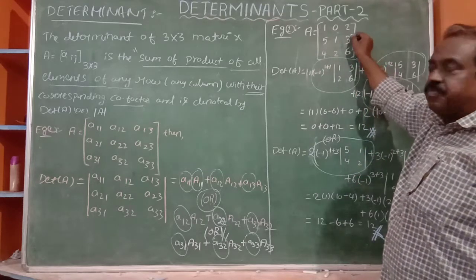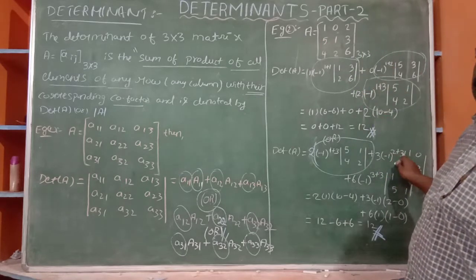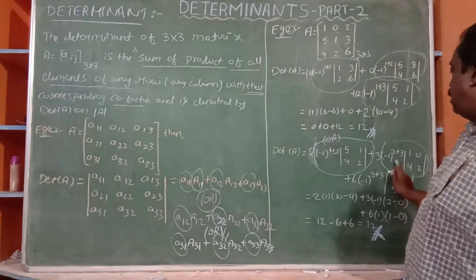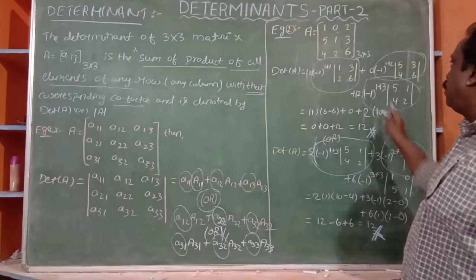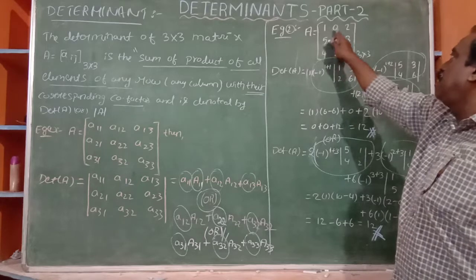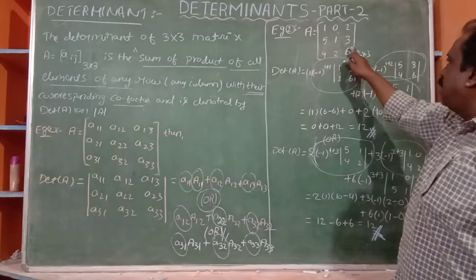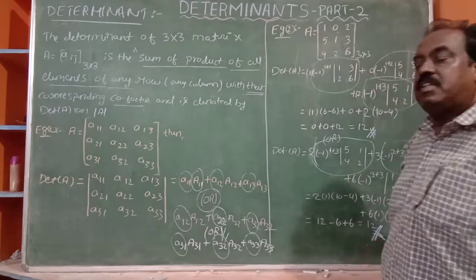Plus next 3. The 3 is in the second row, third column. Element 3 is multiplied by its cofactor, minus 1 power 2 plus 3, into, after deleting this row and column, we get 1, 0, 4, 2. The next, last, 6. 6 is lying in the third row and the third column.